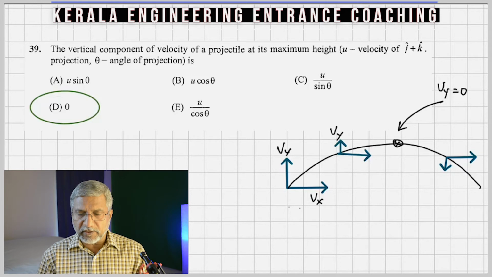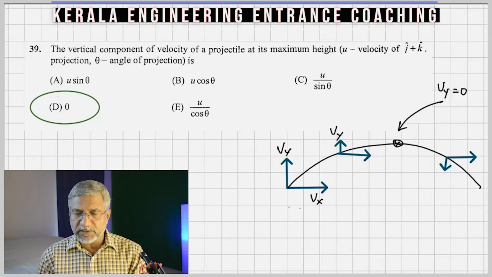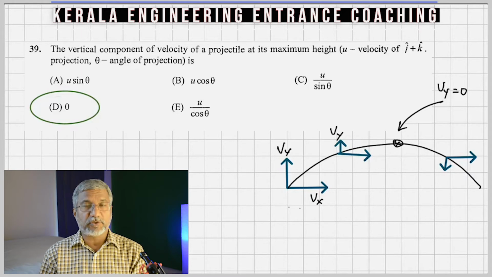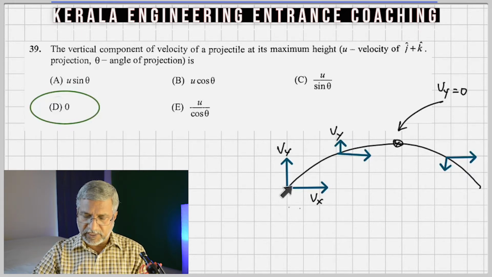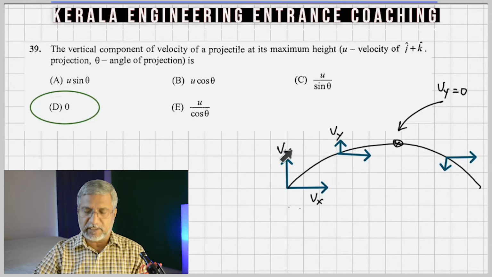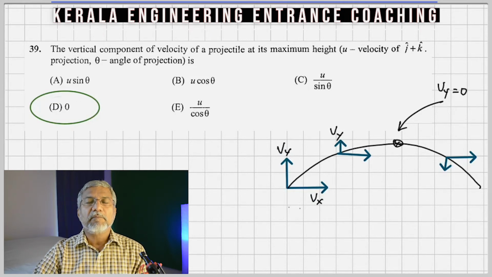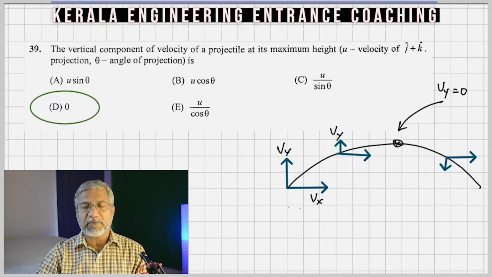The vertical component of velocity of a projectile at its maximum height. That is a trick. When you project it, it has a horizontal component and a vertical component. But the important thing is to remember that the horizontal component never changes.